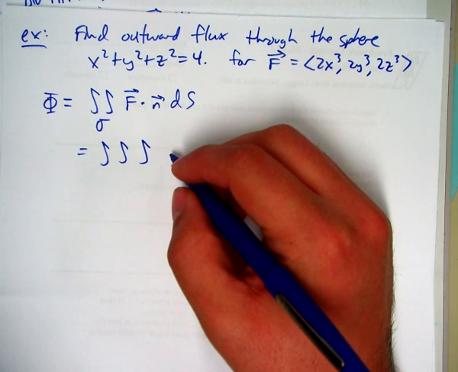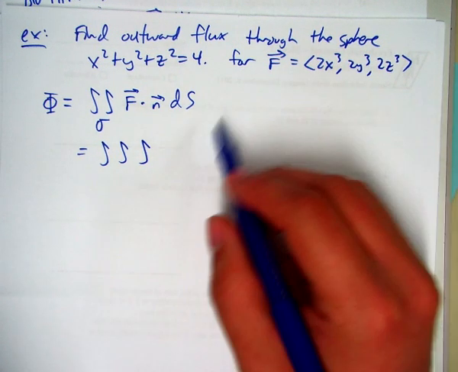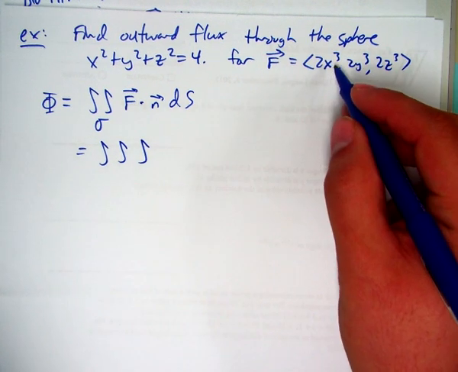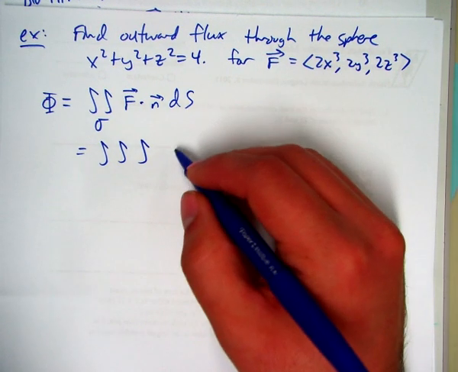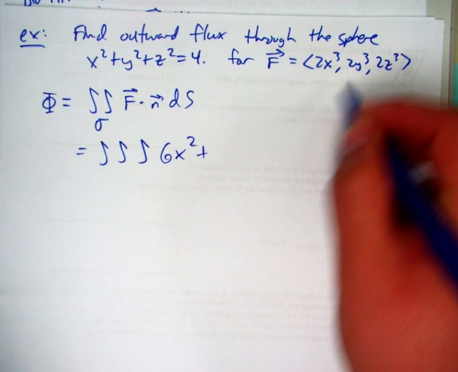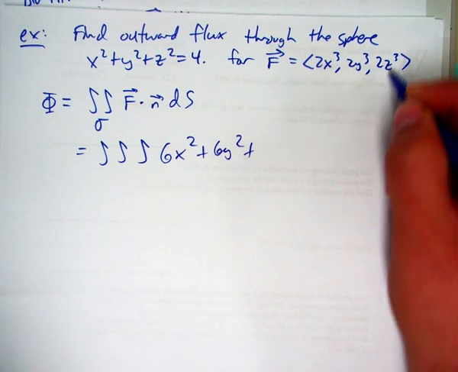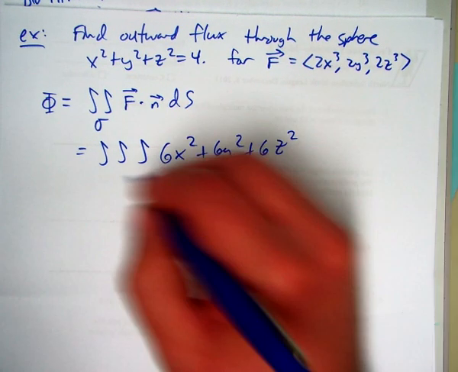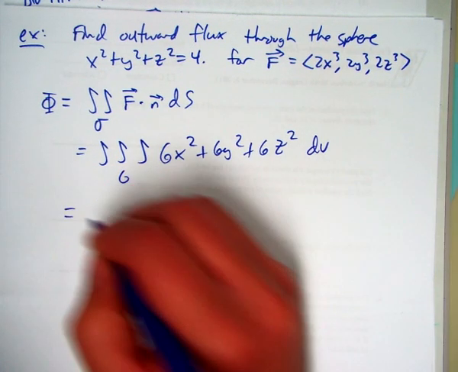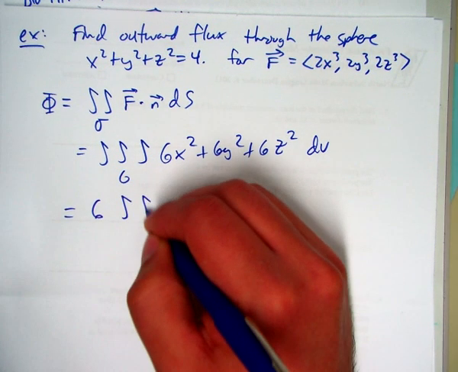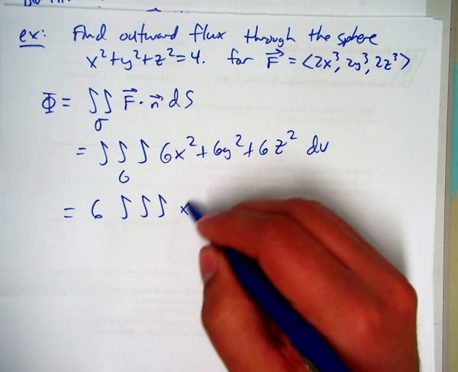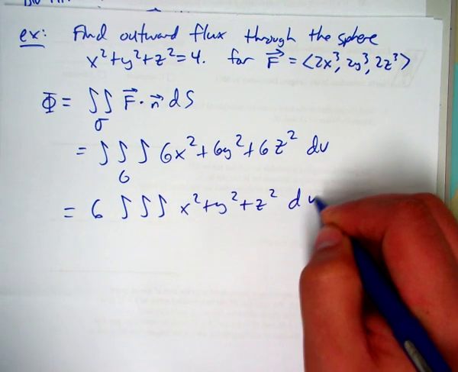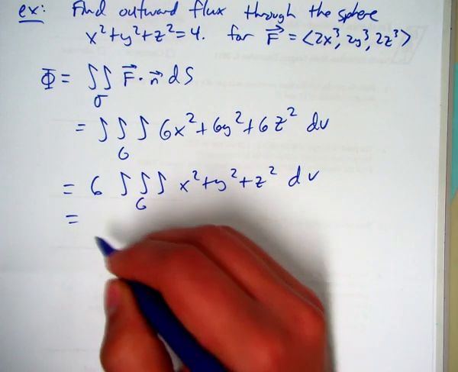When you find the divergence, you get 6x squared plus 6y squared plus 6z squared. Let's pull out the constant. And then we have x squared plus y squared plus z squared, which, yeah, let's switch to spherical.